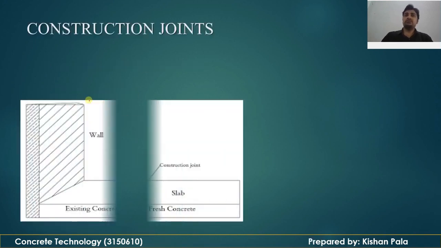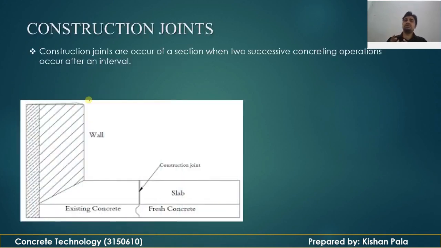What are construction joints? Construction joints occur at a section where two successive concreting operations are separated by an interval. I have taken an example, you can see in the photo. This is the first portion and this is the second portion of this slab. You know that you cannot concrete the whole area in a single day.